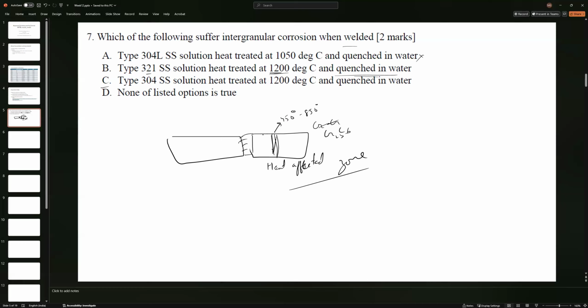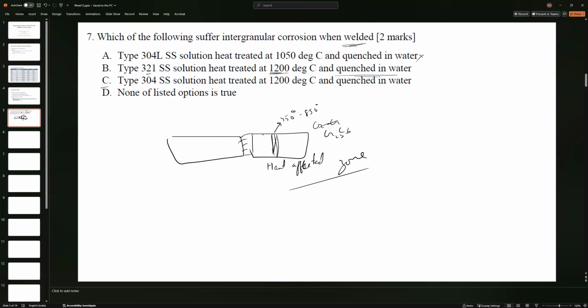If the cooling rate is not given, how can we anticipate which sample will undergo IGC or sensitization and which will not? Maybe the cooling rate is so fast. But typically in welding, there is sensitization, like what the professor told in class.